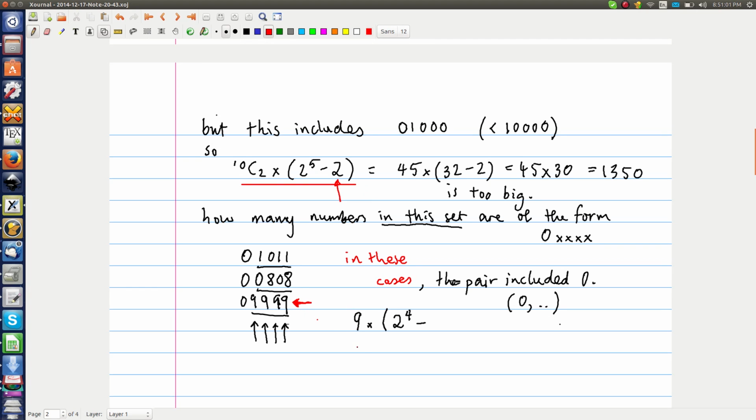So for any particular digit that we choose out of the 9 digits 1 to 9, so just in this case I chose the digit 9, we're going to count all the possibilities by multiplying 2 together 4 times, but then we're still going to have to subtract the case that was not included the first time round. Sorry, I'm confusing myself now. So we need to subtract one number here.